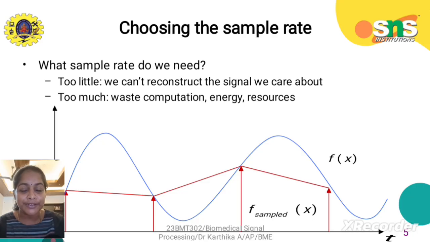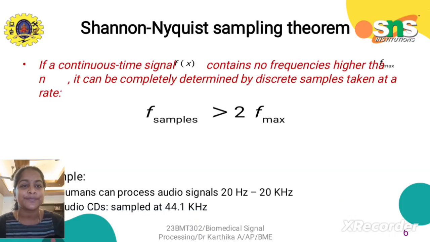The sampling frequency should be greater than or equal to twice the maximum of our input frequency: fs greater than or equal to 2f max. See the diagram: your input signal f of x, f sampled of x with respect to time.